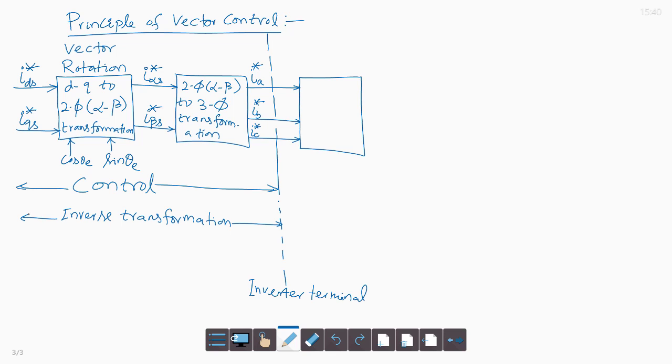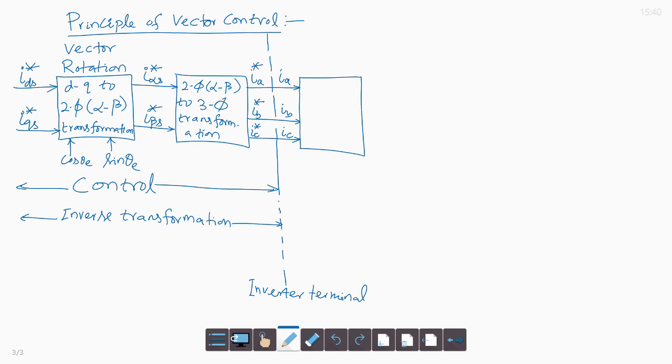The inverter is not shown in this figure. So, the inverter feeds the same currents to the motor. The currents are IA, IB, IC, instantly feeding the same current.